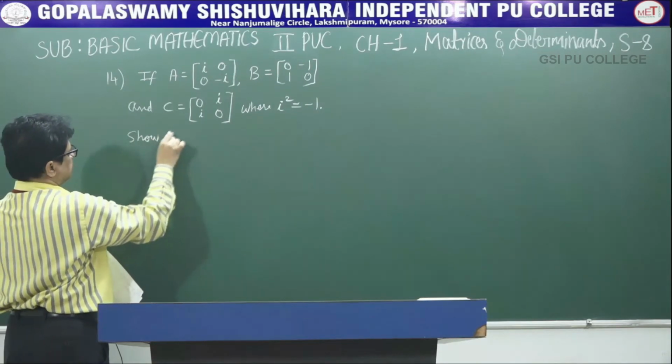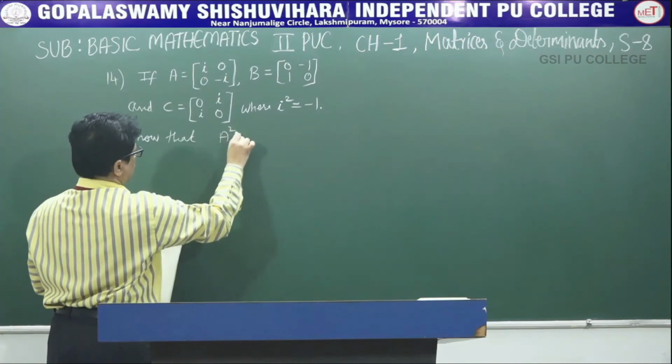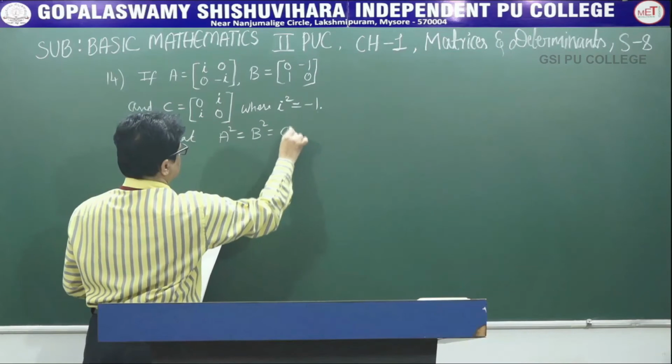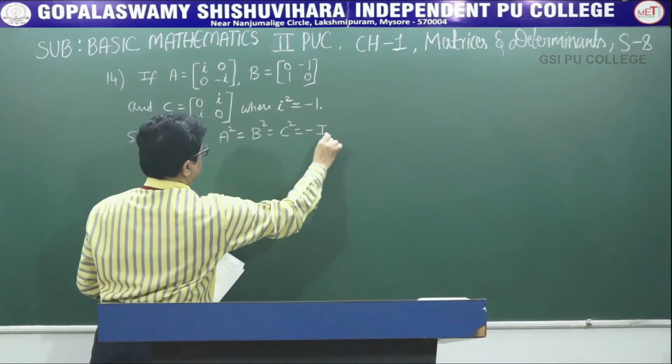Show that A square equals B square equals C square, which is equal to minus I.